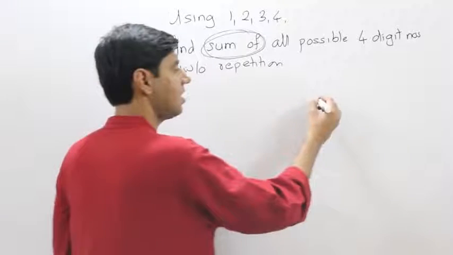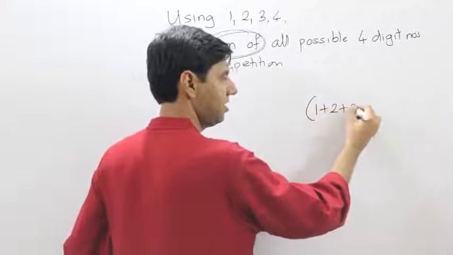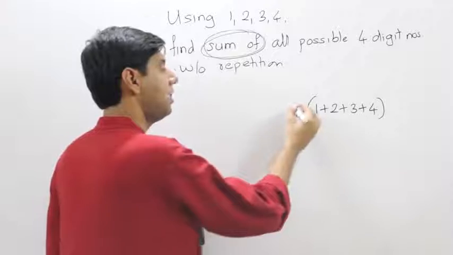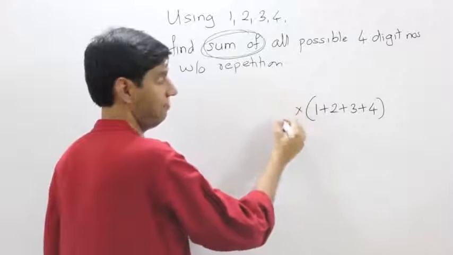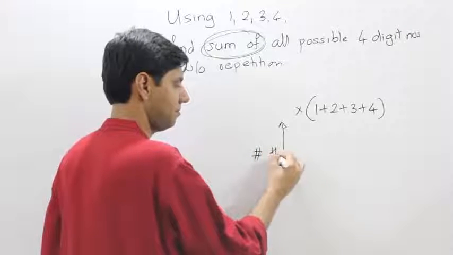So to generalize such questions, the answer is to write the digits that you would be adding, which will be nothing but all the digits that we use, 1, 2, 3, 4. The number of times, this is the most crucial one. What does this position say?